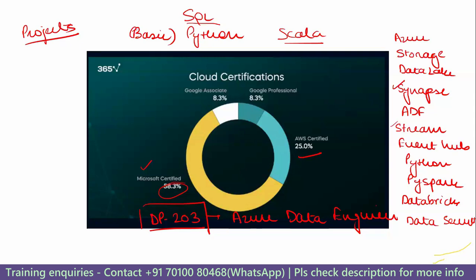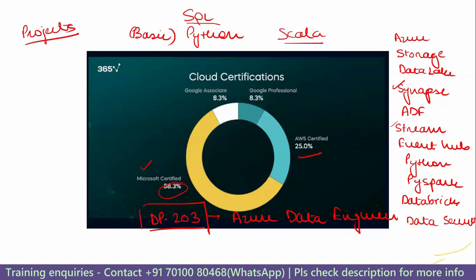You would have heard of it a lot of times, the market buzz around terms like Azure Data Factory, Azure Databricks, and even Synapse to an extent, because these are the services which organizations are using to create data pipelines. To create data pipelines, there is nothing more in demand than Azure Data Factory.